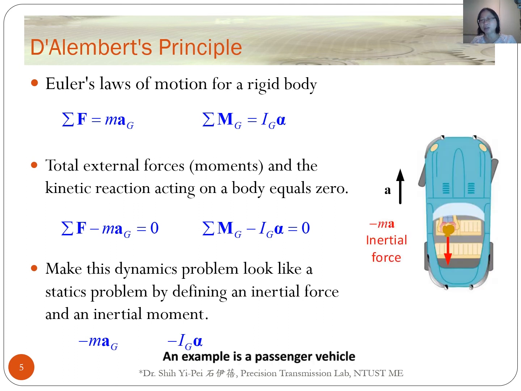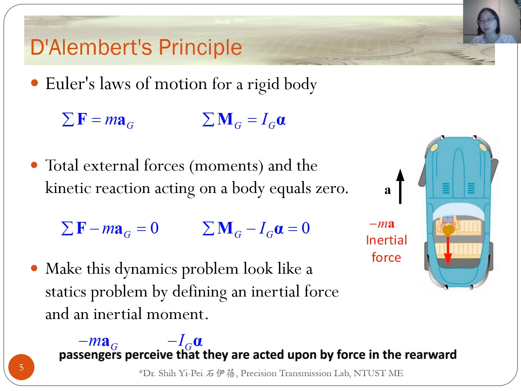An example is a vehicle that is accelerating in a forward direction. Passengers perceive that they are acted upon by a force in the rearward direction, pushing them back into their seats.